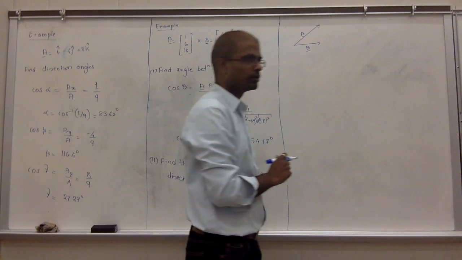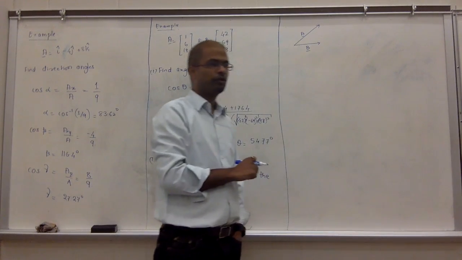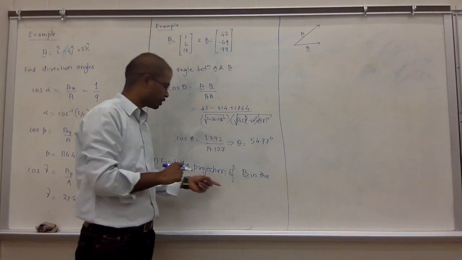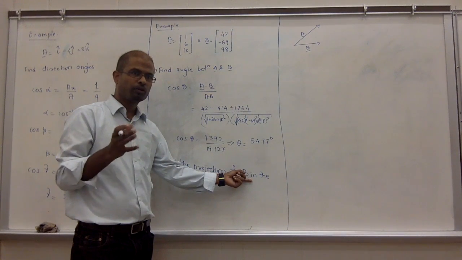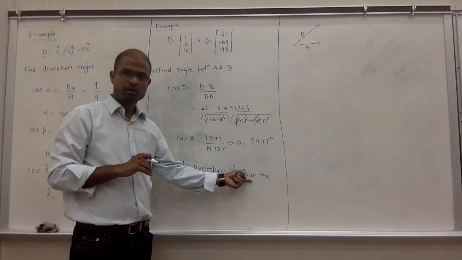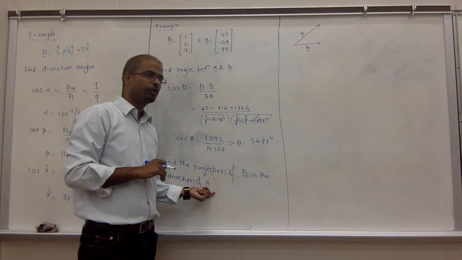Say it one more time: you make A the unit vector. Here it says projection of B, so you want to know the component of B in the direction of A. That time you make A the unit vector.